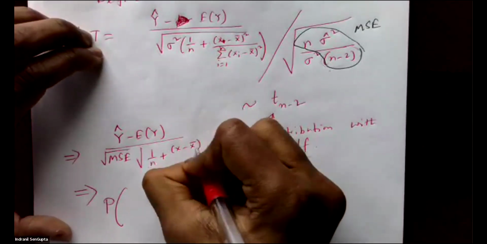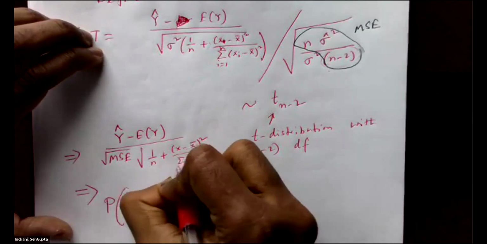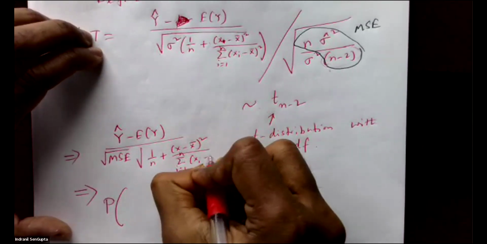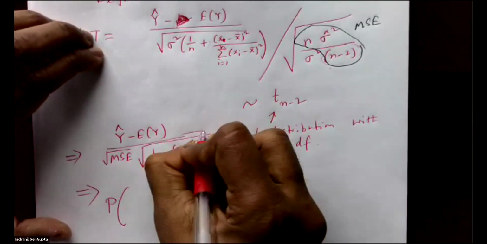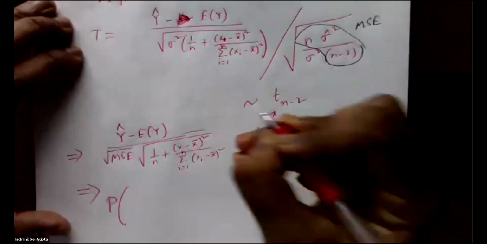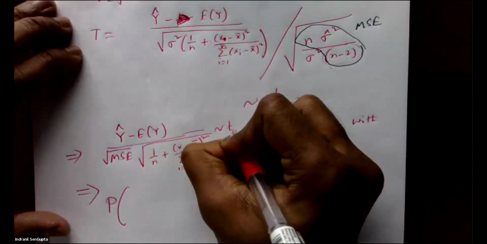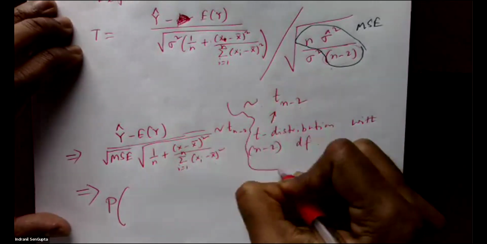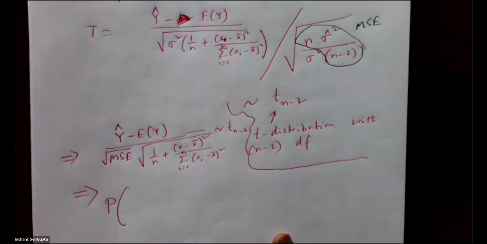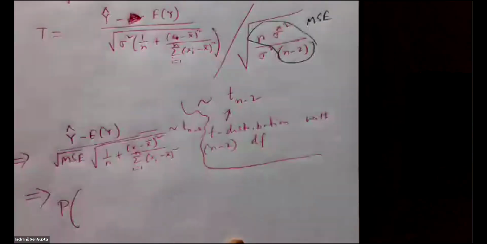After simplification, this follows t of n minus 2.